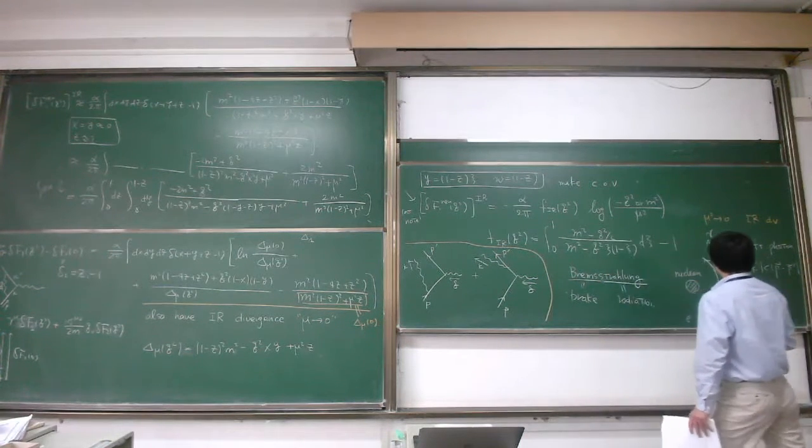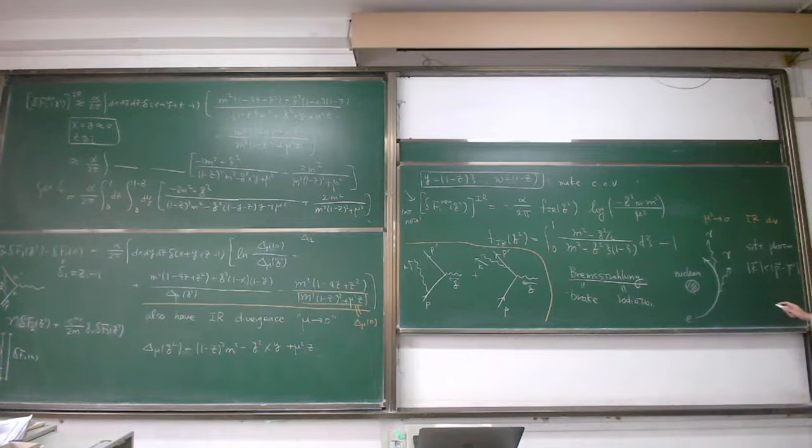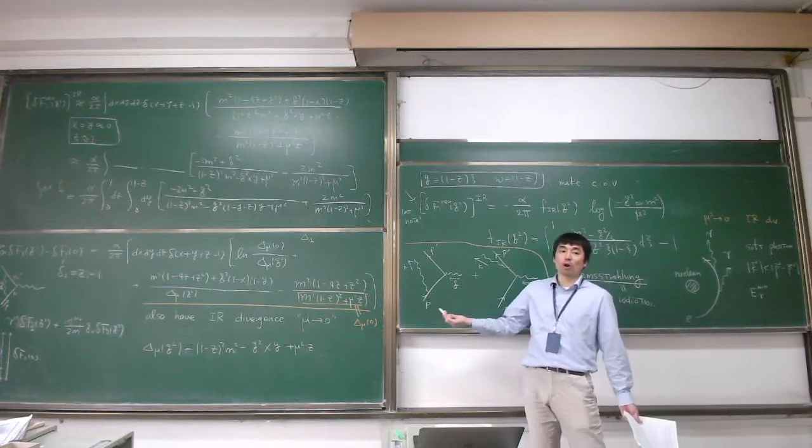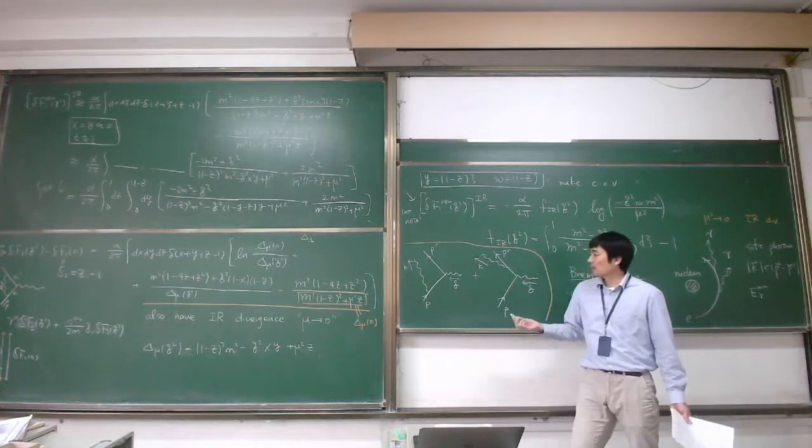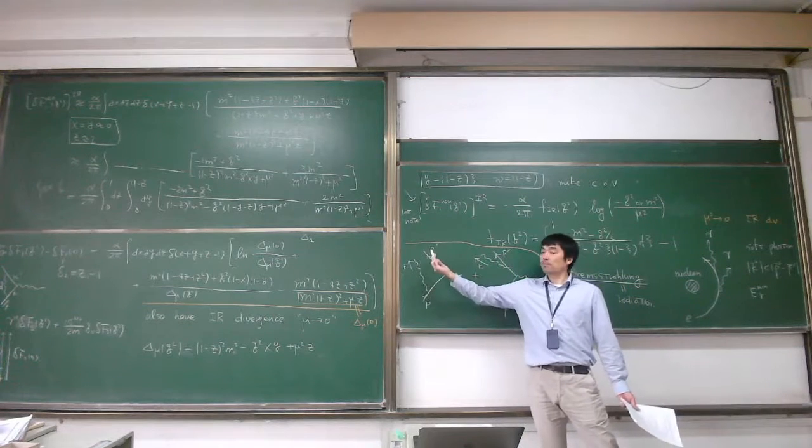There is a limitation of the experimental device, a minimum energy it can detect, which I call E minimum. If the absolute value of K is lower than this, the experimental device cannot detect the photon because the energy is too low.